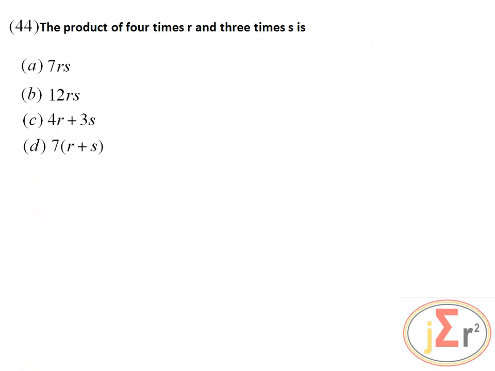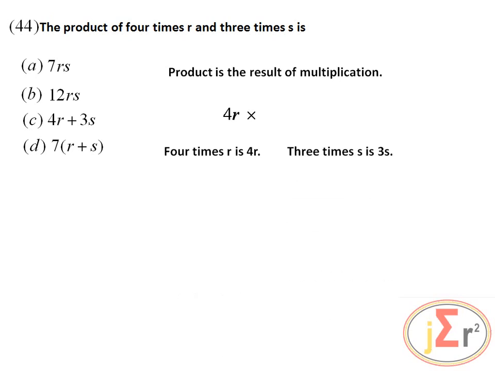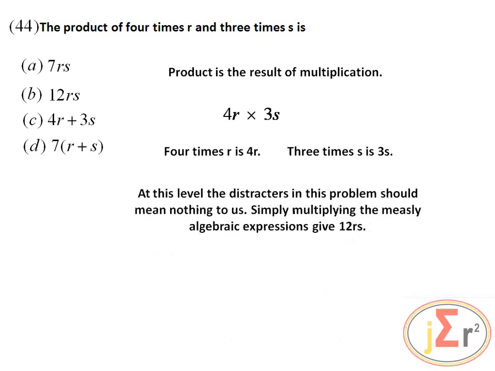The product of 4 times R and 3 times S is? Product is the result of multiplication. So let us multiply. 4 times R is 4R, and we need to multiply that by 3 times S, which is 3S. At this level, the distractors in this problem should mean nothing to us.